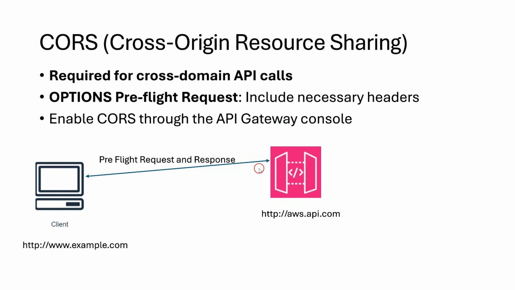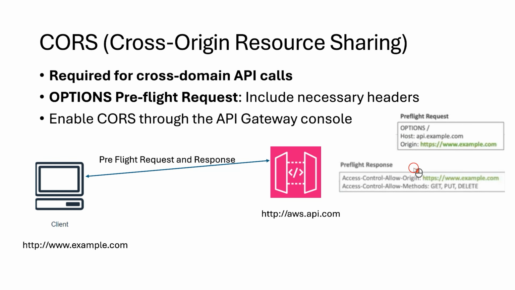This request contains the origin details and an OPTIONS method. We then get the pre-flight response, which says Access-Control-Allow-Origin with the origin mentioned, and for this origin we mention which methods are allowed, for example GET, PUT, DELETE.